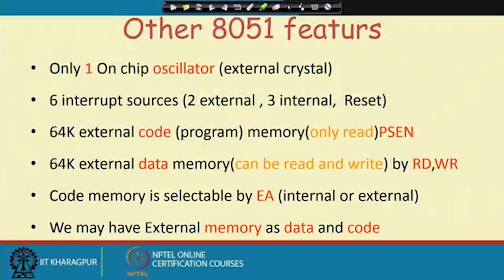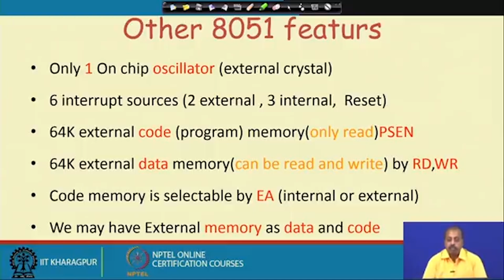Now, when you are using this external code memory, there is a strobe which is known as the program store enable or PSEN. So, this PSEN signal will be controlling the read operation. On the other hand, for the data memory access, we have got read and write. In case of a normal processor like the 8085, we have seen that whenever we access outside memory, there were read and write controls.